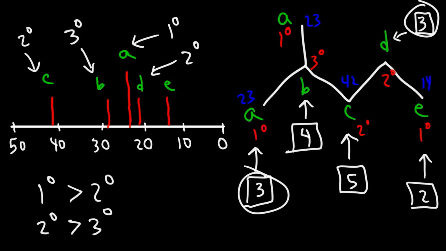So carbon B has a signal of 28 and D has a signal of, we'll say, 21. But notice that the score system is pretty consistent. Because carbon C has the highest score, it has the highest chemical shift of 42. Next up is carbon B with a score of 4, which has the second highest chemical shift of 28.